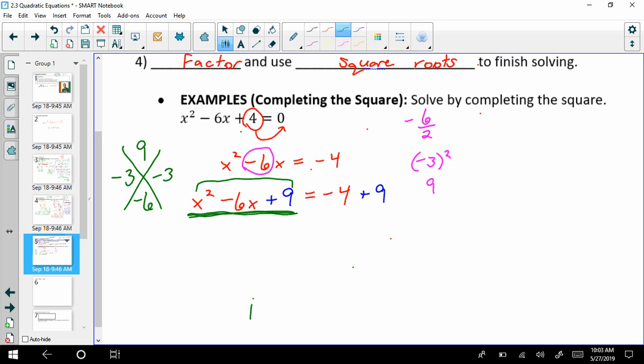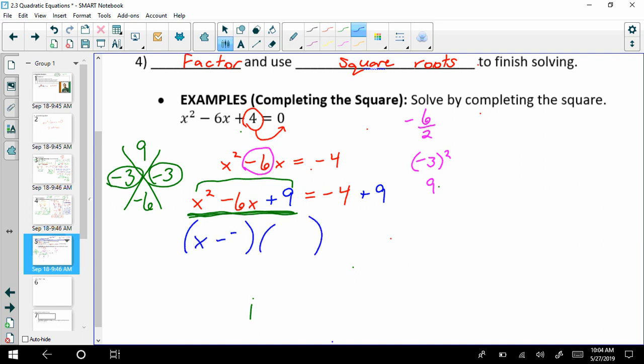-3 and -3. If you have completed the square correctly, when you go through this factoring, these two numbers will always be the exact same. If they're not the exact same, you have done something wrong. That's what I mean when I say we're making it perfect. It will come out nice and neat and perfect. So let's factor it.